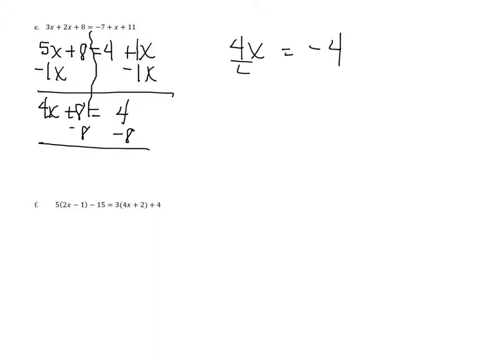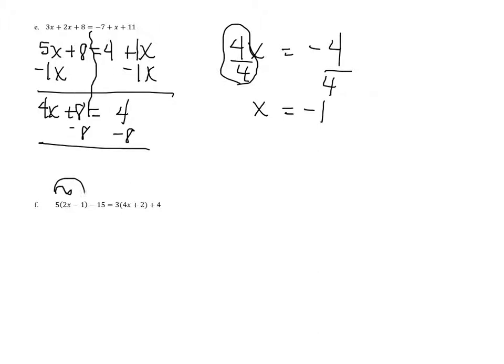I'm going to divide by 4 on both sides. So x is equal to negative 1. Notice how I have my little 4 divided by 4. So that's a 1. It's assumed. I don't have to write it. I'm done.